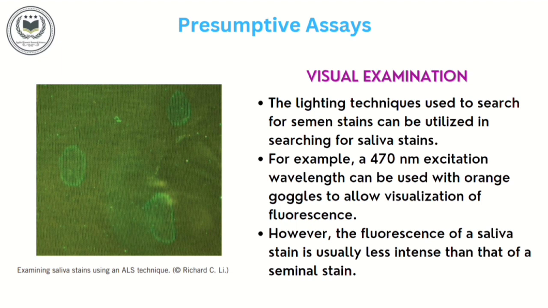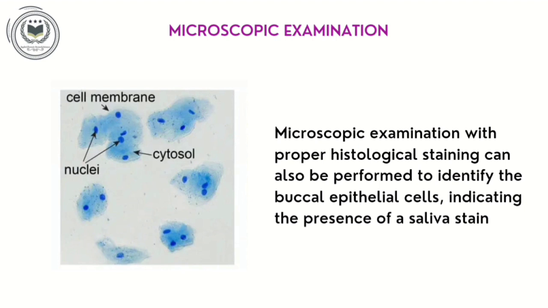However, the fluorescence of saliva stains is usually less intense than that of seminal stains because semen contains more fluorescent compounds than saliva. The same lighting techniques can still be used to search for both types of stains.